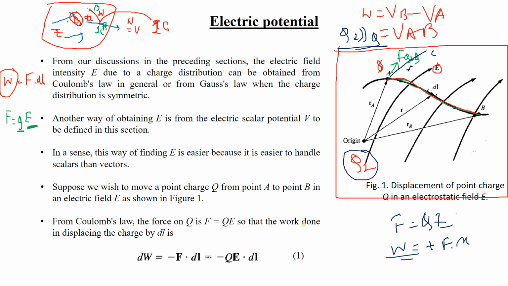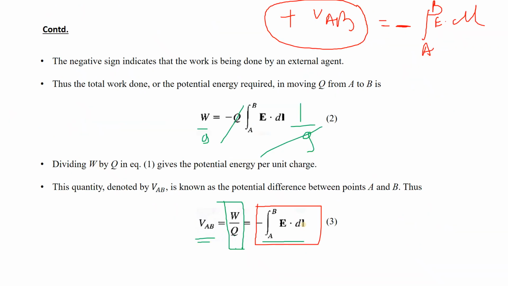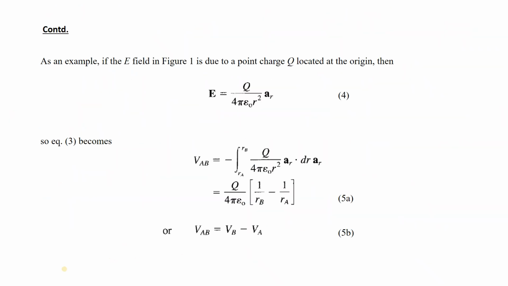So electric field in figure 1, figure 1 is over here. Over here it is told that this electric field, that means if I show in this particular case, same thing, there is an electric field which is created by some point charge. So if electric field is created by some point charge, this equation for the electric field will be this one.